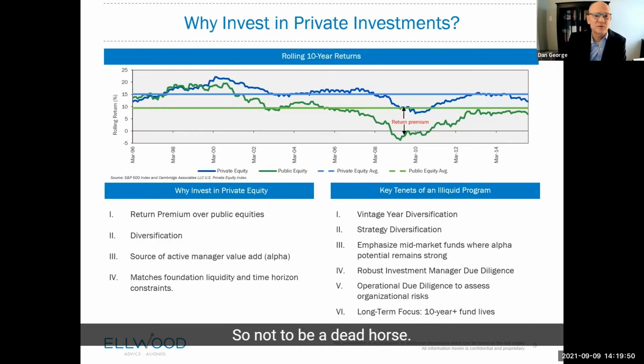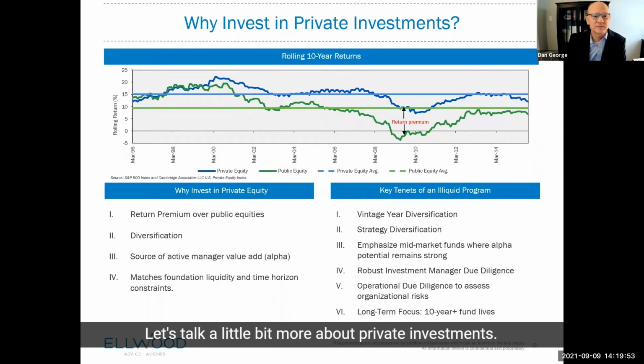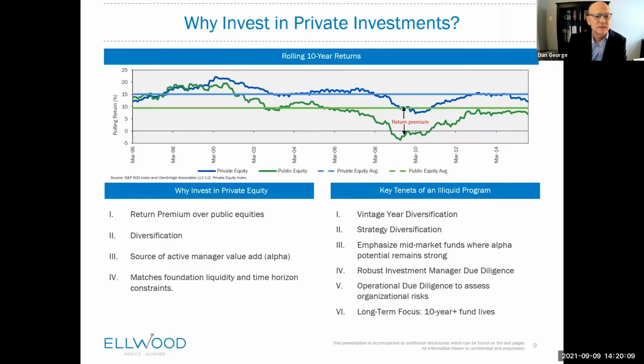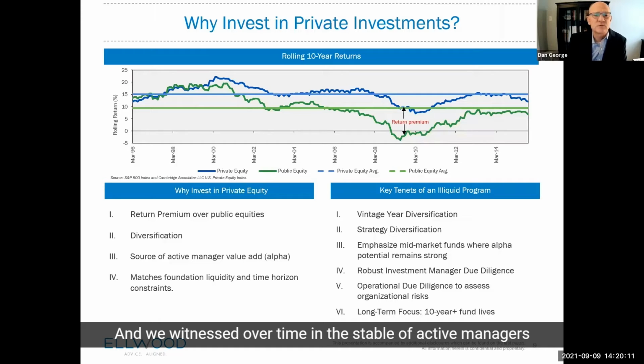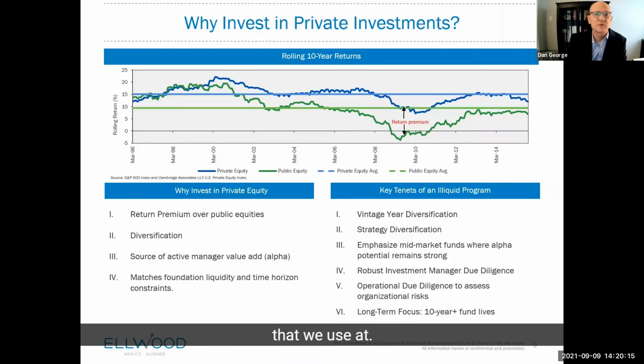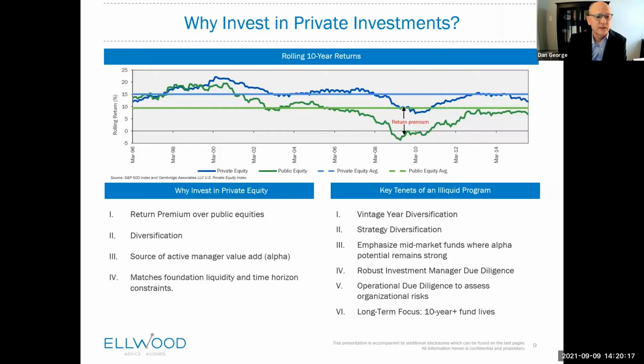So not to beat a dead horse, let's talk a little bit more about private investments. They're not for everyone, but if they're consistent with your investment constraints, you should probably give them a look because of the benefits that we just described. There is a return premium over public equities, which we show in the top chart on this page, and we've witnessed over time in the stable of active managers that we use at Elwood.